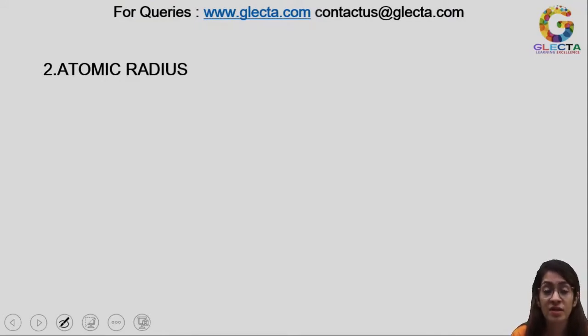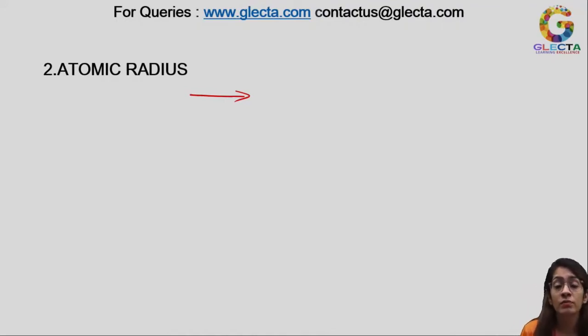That means it represents the mean distance from the nucleus to the boundary of the surrounding cloud of electrons. So as the atomic number increases along each row of the periodic table, when you go from left to right, the additional electron goes into the outermost shell, causing the atomic radius to decrease due to the increase in the nuclear charge or the repulsion between the different electrons.